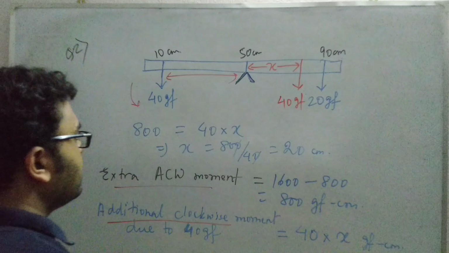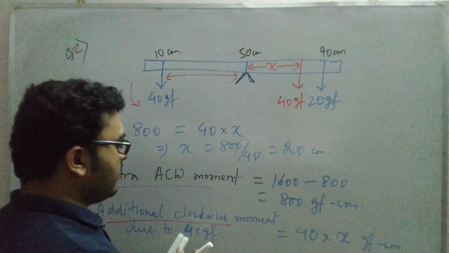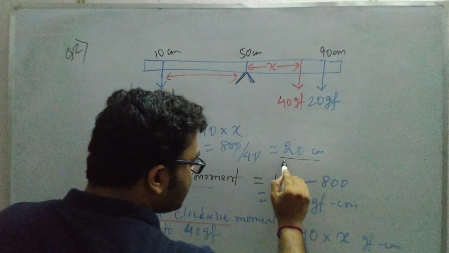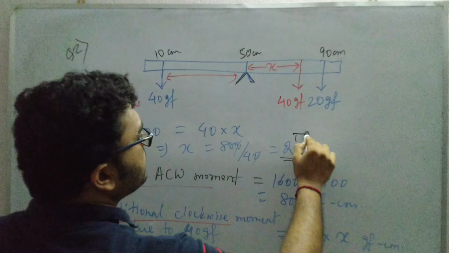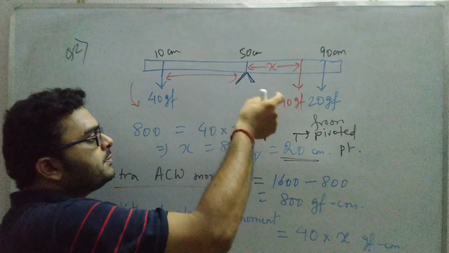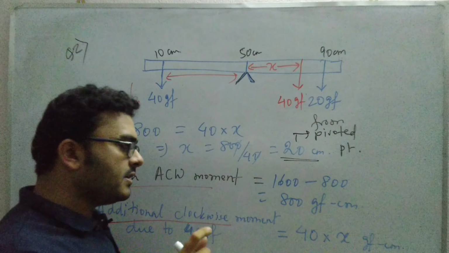So this 20 centimeter distance is from the pivoted point. If we consider what is the mark on the meter rule where this 40 GF has been suspended, the answer will be 50 plus 20. You can understand from the diagram.